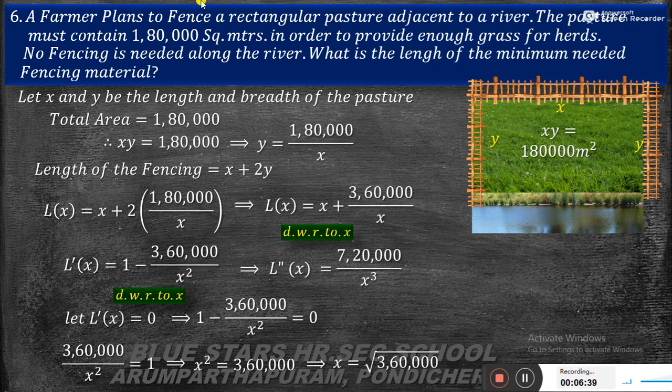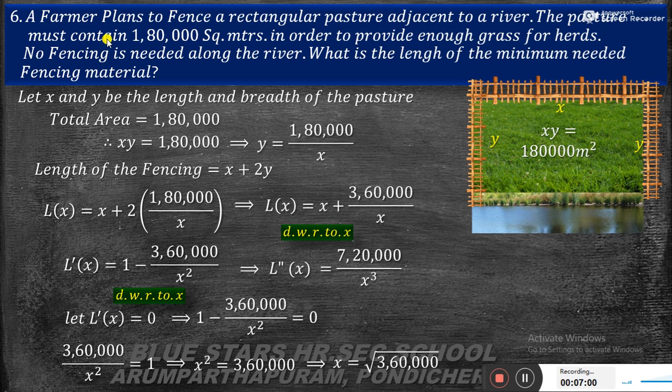Next, sixth problem. A farmer plans to fence a rectangular pasture adjacent to a river. A rectangular pasture means a rectangular piece of land, and to fence means to cover it with a fence.